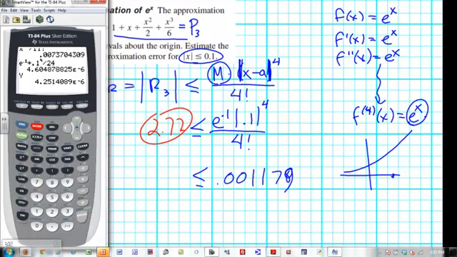Now, the way they have asked these kinds of questions in the past is that instead of putting you in the position where you're trying to prove, or you're trying to say how aggressively I choose M, they may do things like, here's a table of values having to do with some unknown function and the range of values that function takes on in the first, the second, and the third derivative.